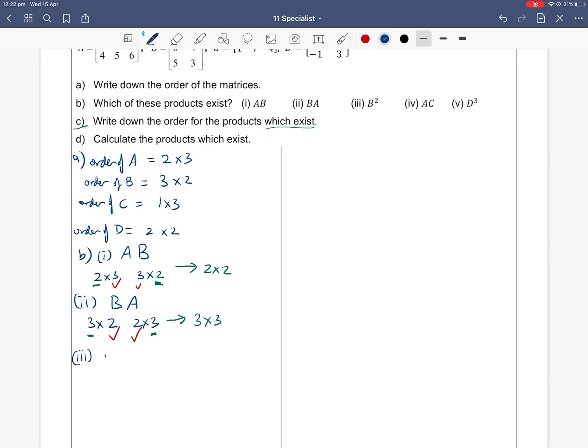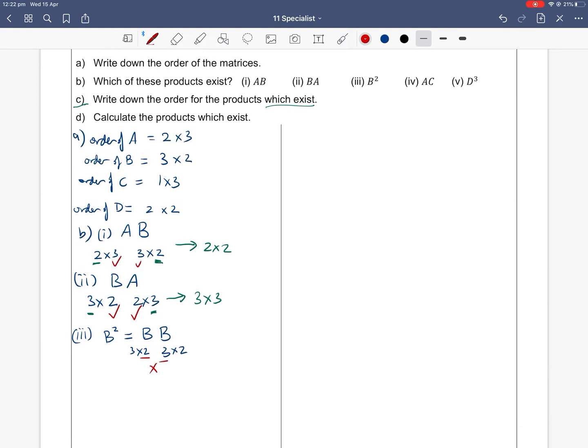Part 3. B squared. Well, B squared means B times B. So what's B again? It's a 3 by 2 times a 3 by 2. Do the inside numbers match up? No, they don't.